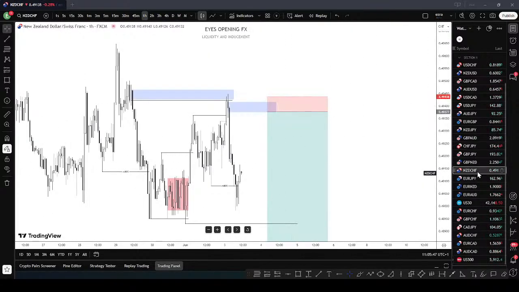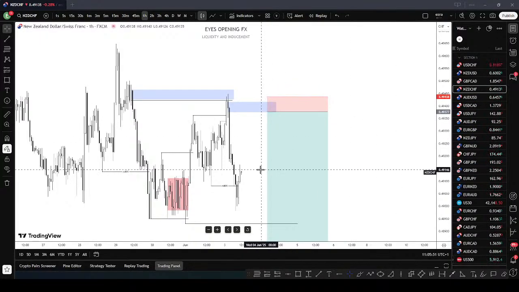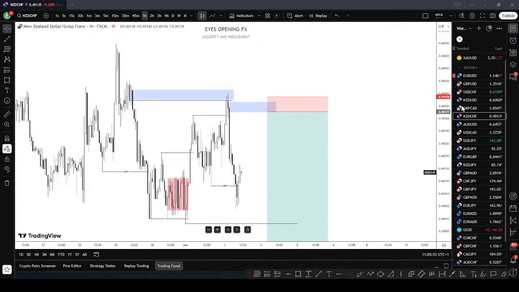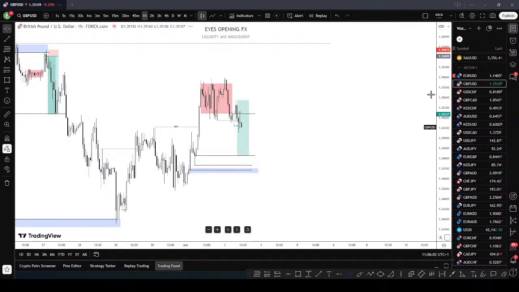Okay, it was NZD CHF. Okay. So we have these pairs we are monitoring for the day now. This is not among them. So we have 1, 2, 3, 4. Right, 4 pairs. This is for what? A buy program.